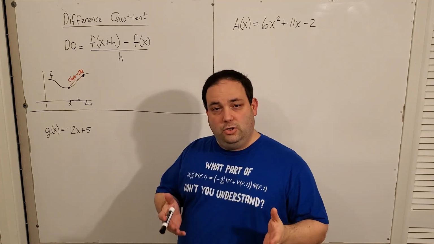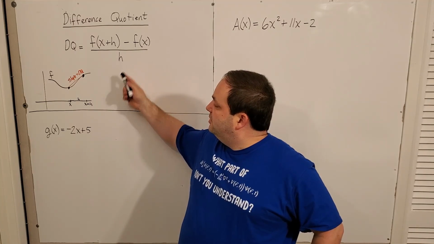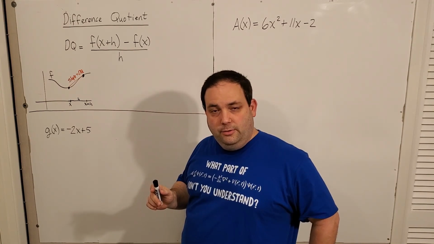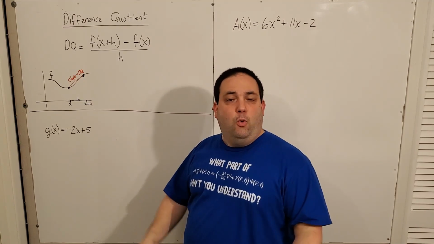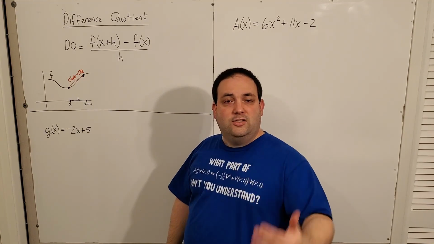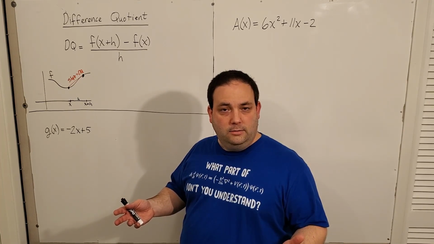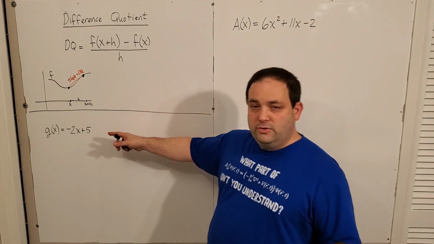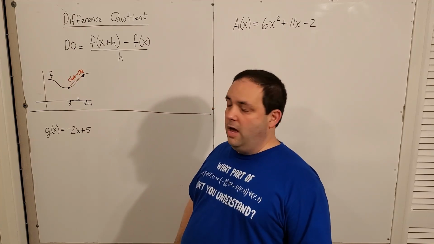That's actually a good thing. Okay? So we're going to do the difference quotient on some examples here. And what that means is we're going to be making generic formulas to be able to calculate slopes wherever and however large we would like. Okay? So first example, a linear function, negative 2x plus 5.